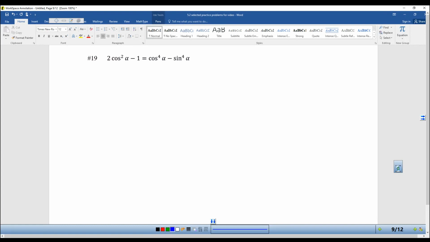Number 19 is on here because I want to talk about factoring for a minute. Remember, as another strategy, that if you're looking at something and can't factor, think about it as x's and y's. And hopefully when you do that, you can see that this is cosine squared alpha minus sine squared alpha times cosine squared alpha plus sine squared alpha.